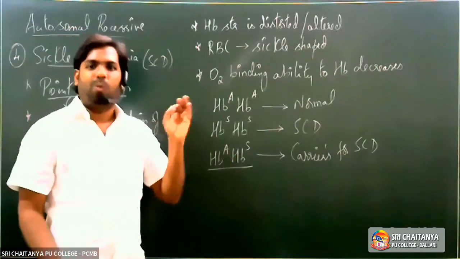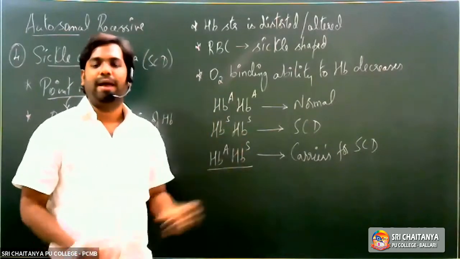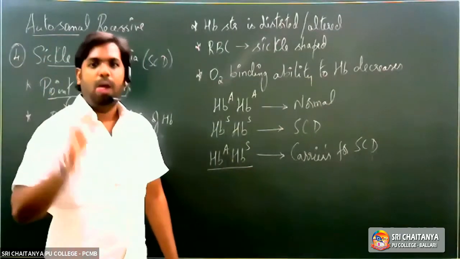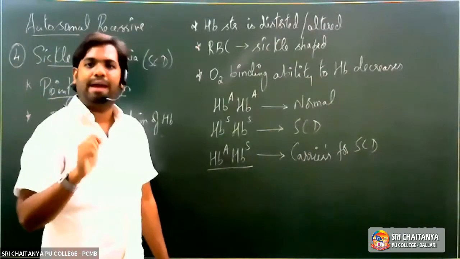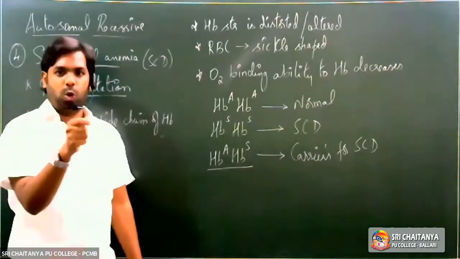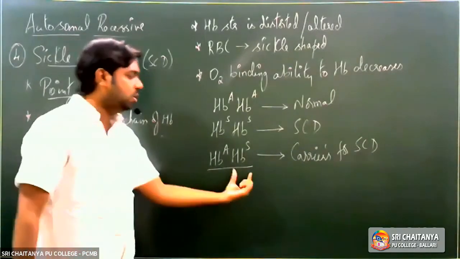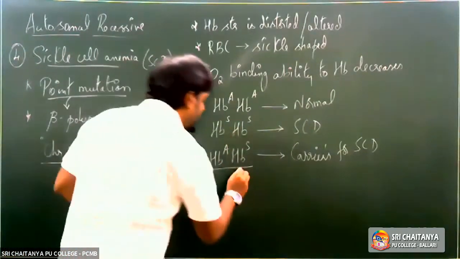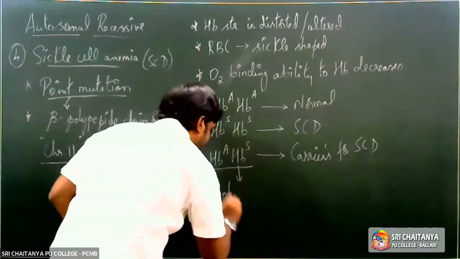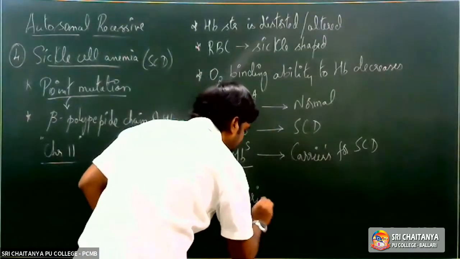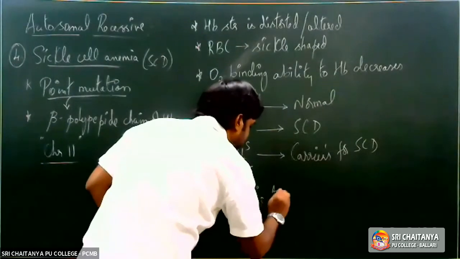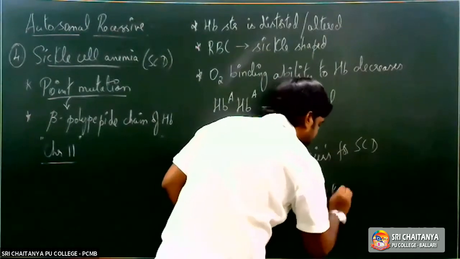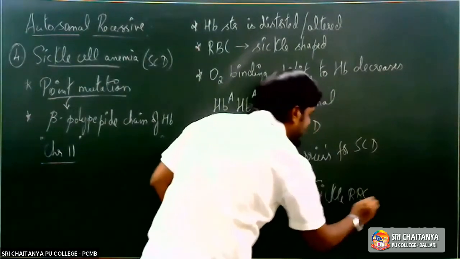But once they move to a place where the oxygen tension is low, try to make a note of this, at that point of time, this mutated allele, that is the HbS allele, will start undergoing a process of polymerization, and they will start producing sickle-shaped RBCs.